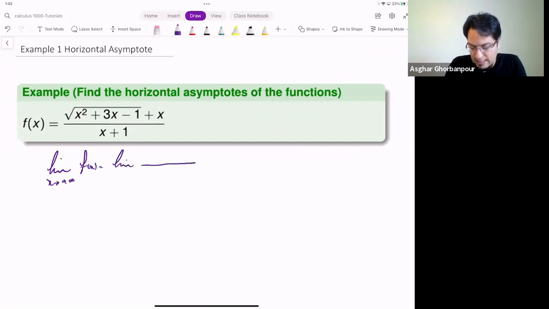Since we are dealing with a function that has some level of polynomial structure in the numerator, and polynomial in the denominator, we can use the trick: factor out the highest power. So I do the same thing as we did before. I will first do the square root part.